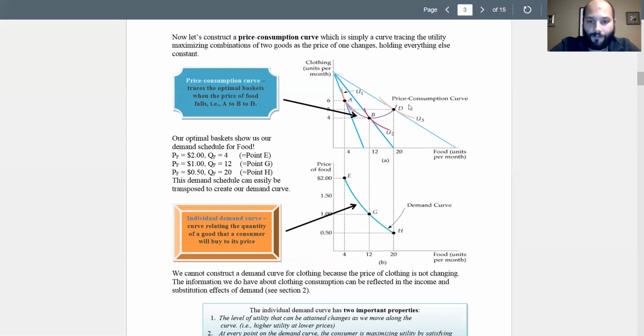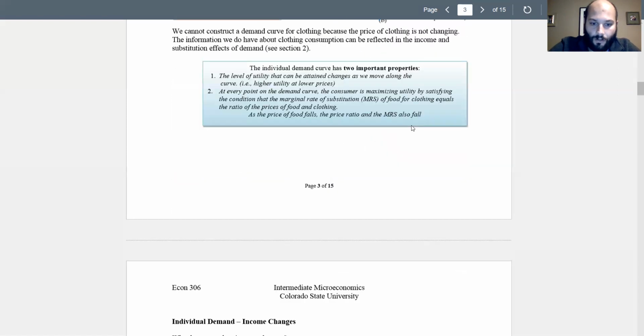And then from that information, again, we can go back and trace out a curve that we've already studied, which is the demand curve, which is showing us for one good, the good whose price is changing, when the price changes, how does our quantity demanded change in our optimal bundles? So that is a consumer demand curve stemming from preferences.